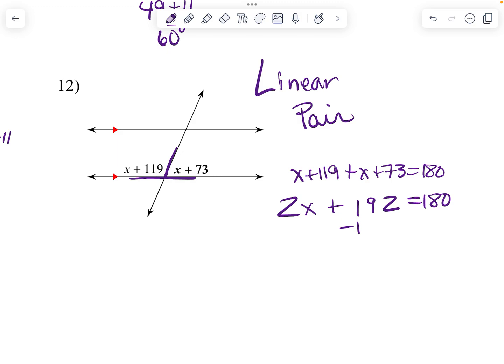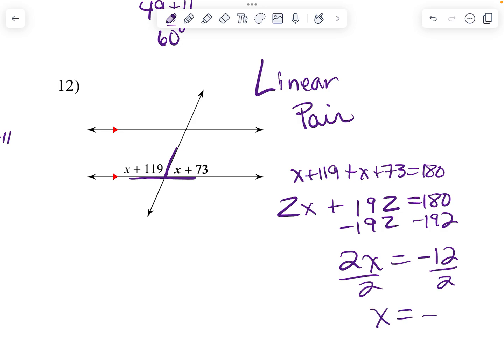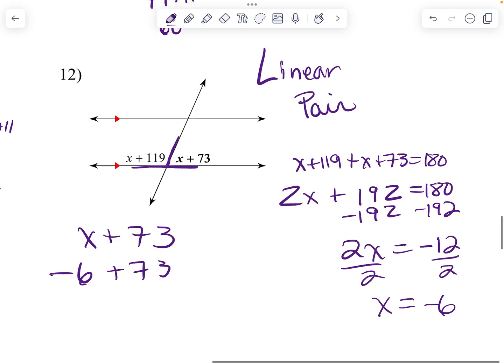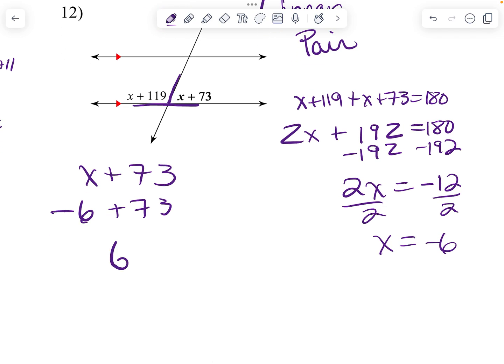So is that right? Yeah. So 2x equals negative 12. Divide by 2 and get x equals negative 6. x plus 73, so I'm going to replace the x with negative 6. And so that's going to get me 67 degrees.